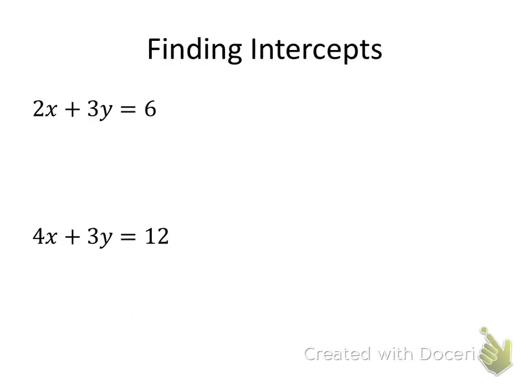So first of all, they want us to find the intercepts, which means I need to find an x-intercept and I need to find a y-intercept. So in order to do that, anytime you want to find the x-intercept, plug in 0 for y.